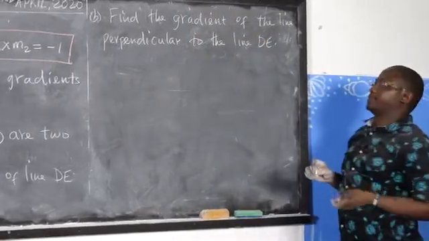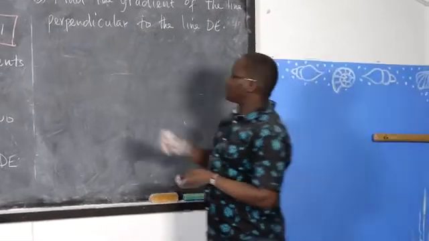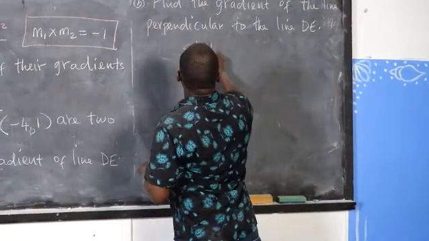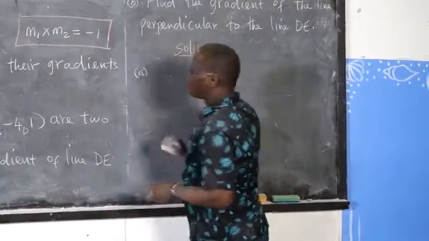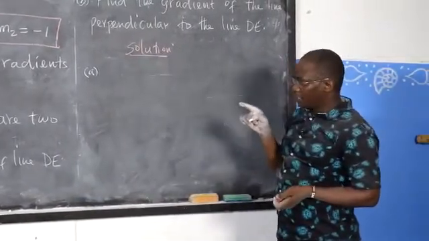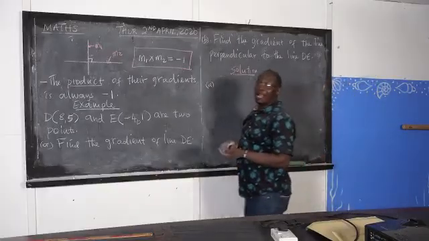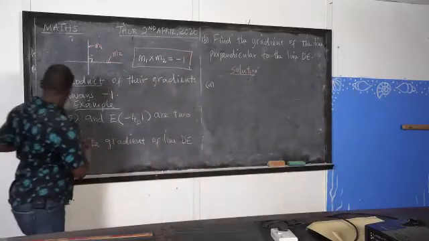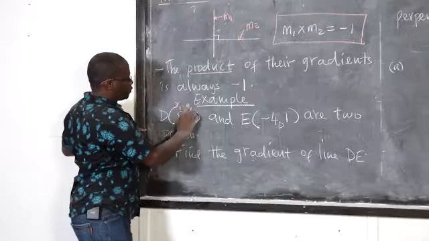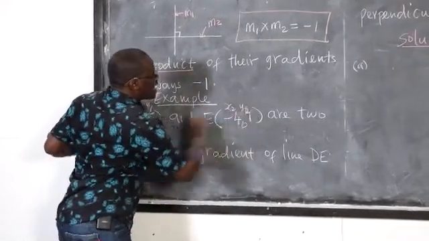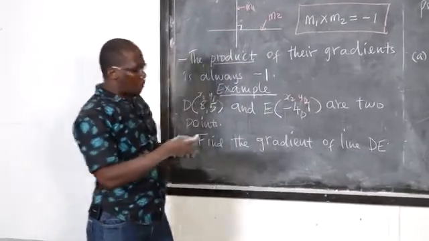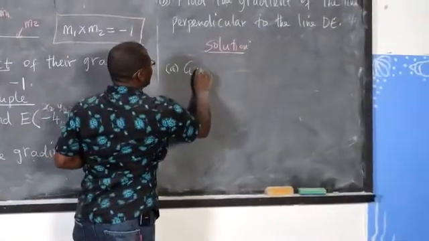So we have two steps. The first step, part A, we are told to find the gradient of the line DE. Just like I said before, label the points correctly. Then after that, write down the formula for getting the gradient, I insist.